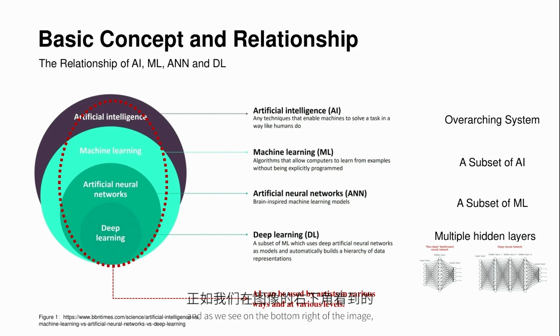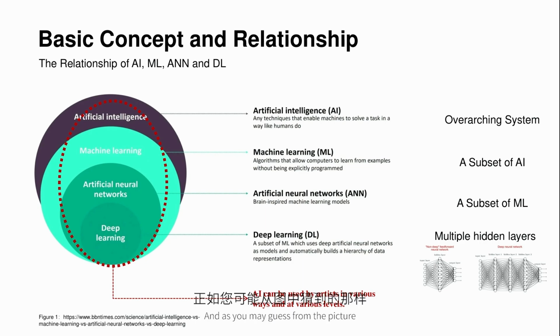And as we see on the bottom right of the image, we see a notion of multiple hidden layers. So basically you have a stack of lots and lots of so-called artificial neurons. These are devices in a computer system which capture a piece of information based on an analysis of data.